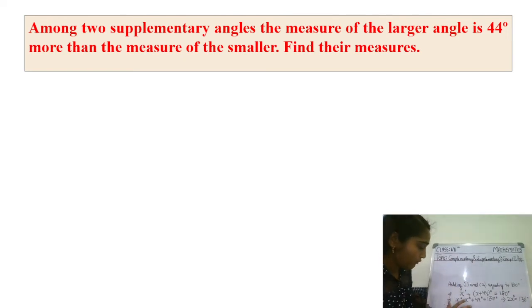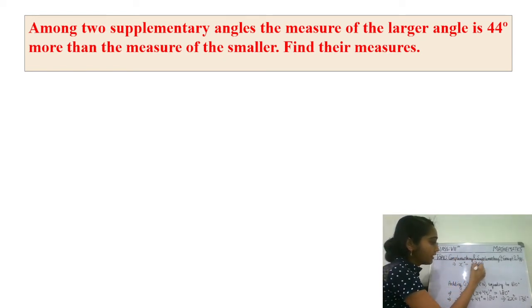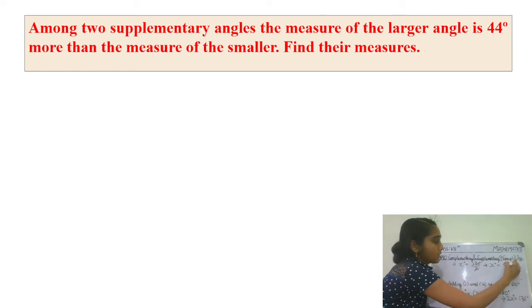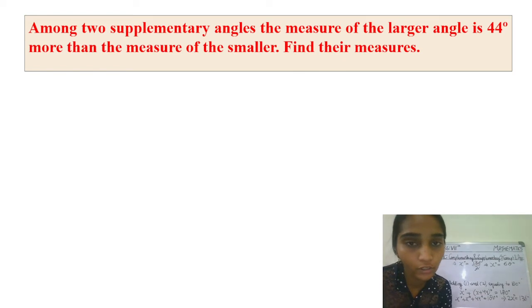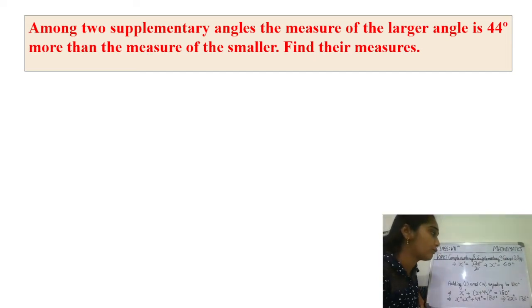Now we have 2x as 136 degrees, so x degrees will be equal to 136 divided by 2. What value of x are we getting? 136 divided by 2 gives 68 degrees. Very good students. So 68 degrees is the smaller angle which we considered. And to find the larger angle, we just add 44 to it.